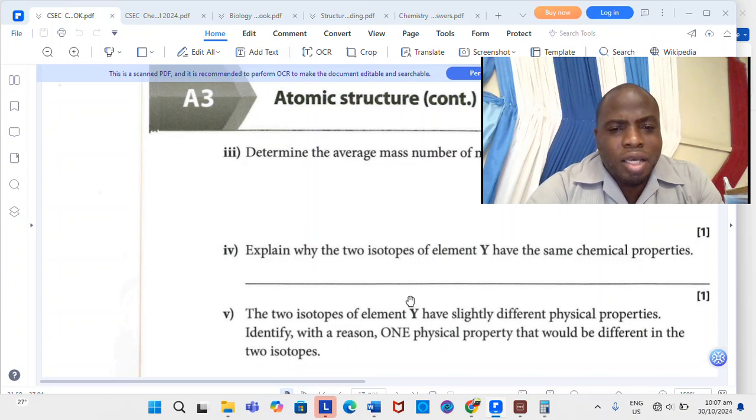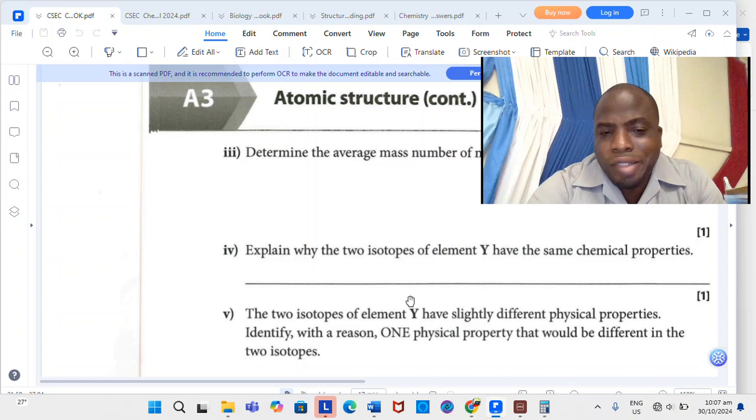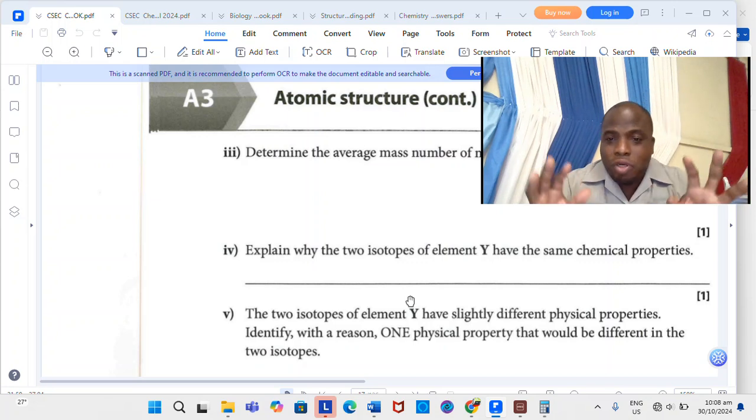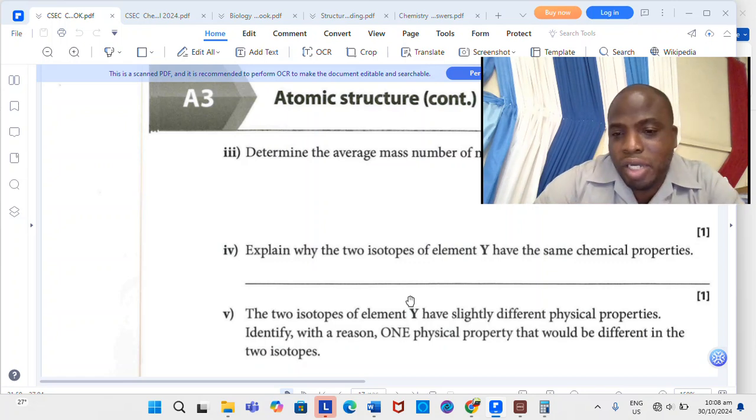So what's the electronic configuration? Definitely. So if you said 2, 8, 1, you're correct. So indeed, 1 electron is located in the valence shell of both of these 2 isotopes, which means they're going to be losing that 1 electron, or that 1 electron is going to be the focus point of any reaction that either of these isotopes enter in.